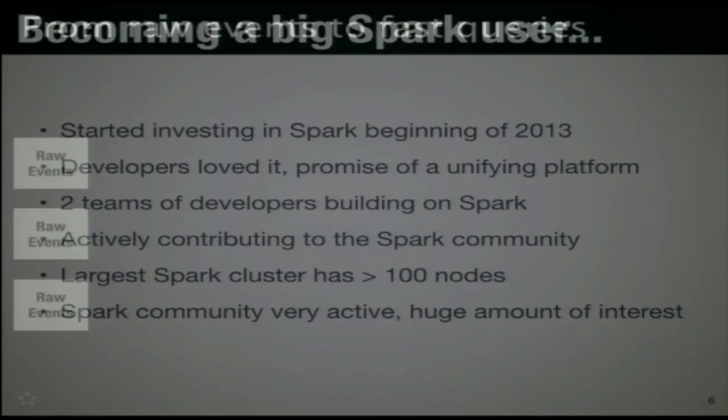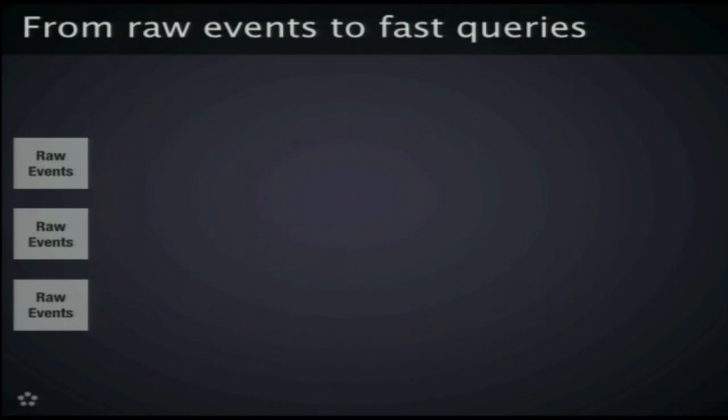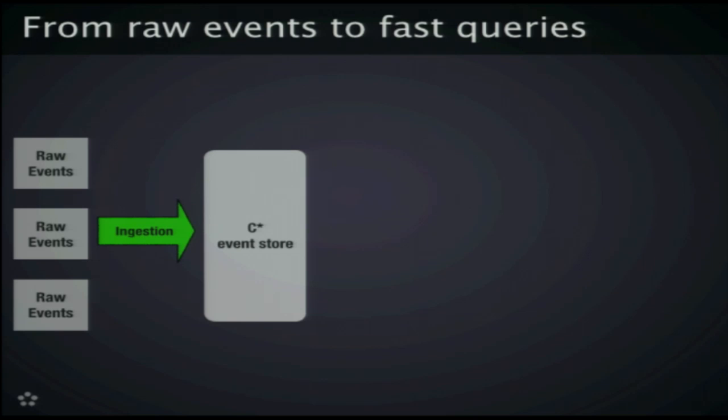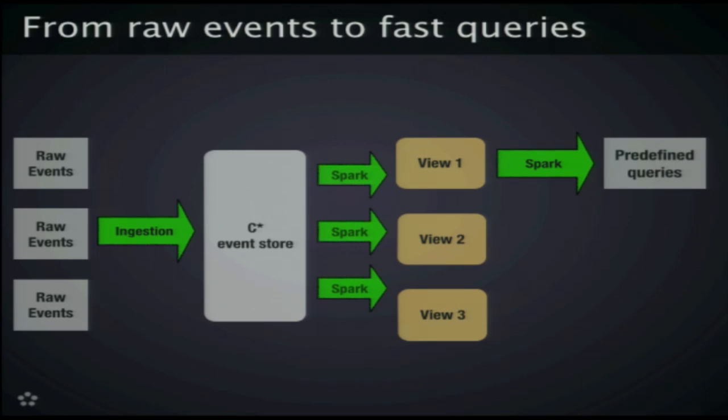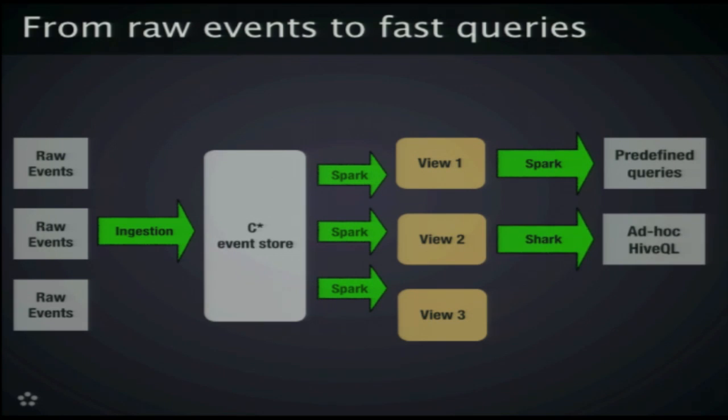The way this stack works is that we start off with raw video events. We ingest them into Cassandra. Then we use Spark to create materialized views. We use Spark to do predefined queries, and we can also use Spark for running ad hoc queries.